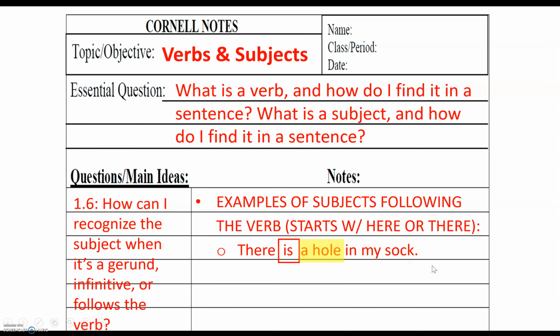There is a hole. Okay, so notice in this case, the subject actually follows the verb, and that's a little bit tricky. Another example might be, here are the shoes for the dance. So I see my verb are. I know my subject isn't the word here. I'm going to ask, here are what? Here are the shoes. So the shoes are actually my subject.